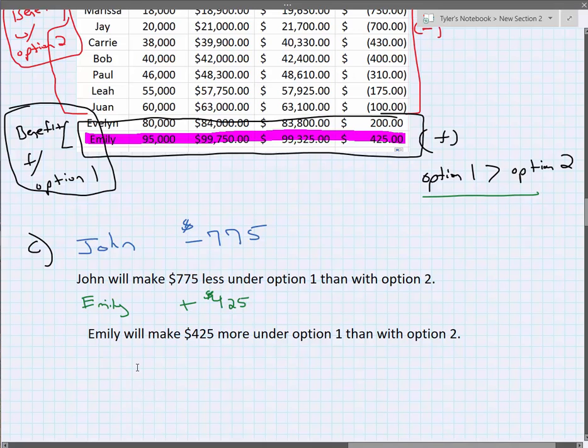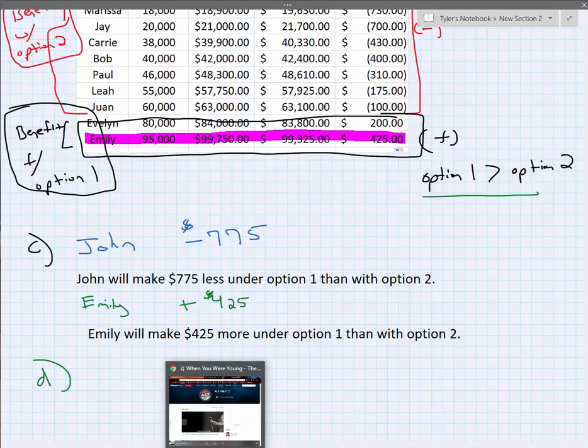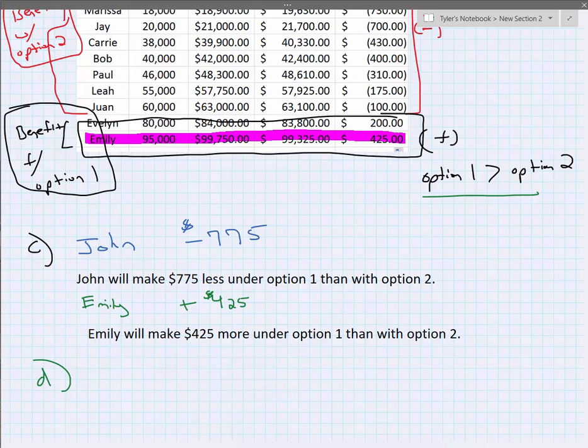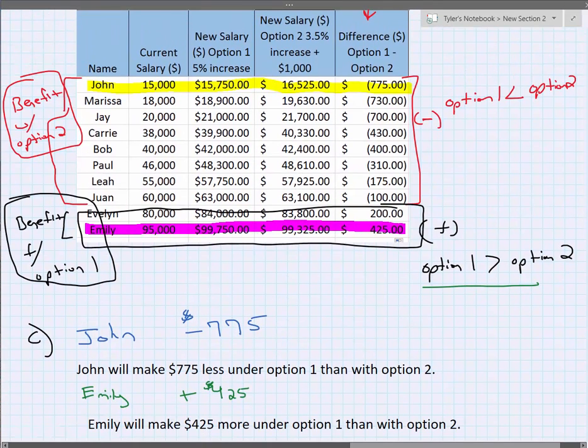So then part D asks us to look at, in general, which salaries benefit more under each option. Notice the current salary column is in order from smallest to biggest. We start at 15 grand and go all the way to 95,000. In general, the people benefiting under option 2 are the ones making less money.